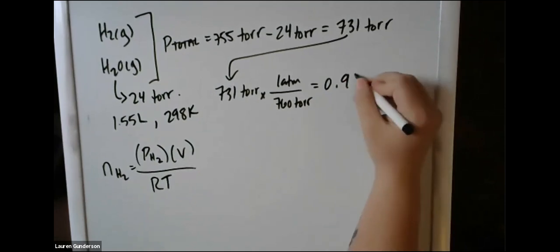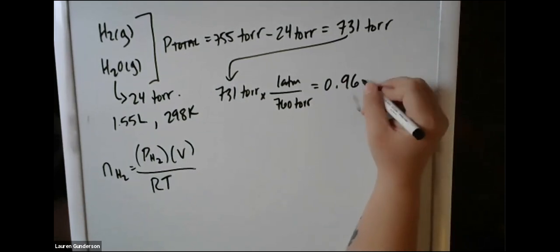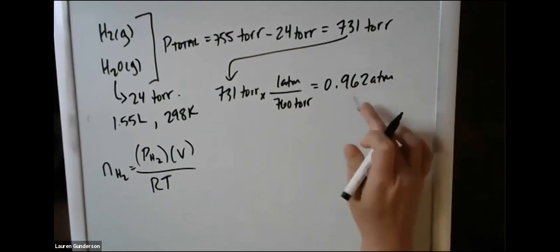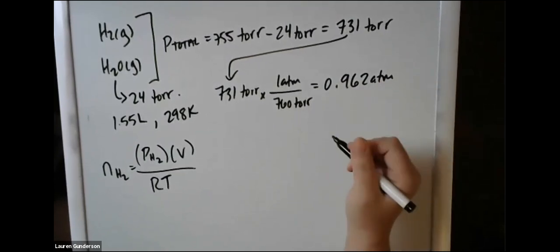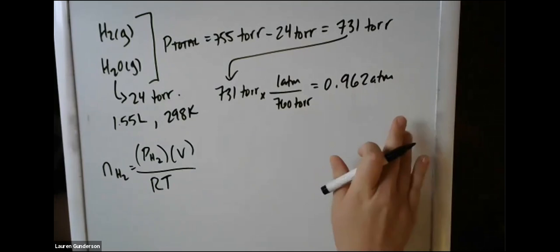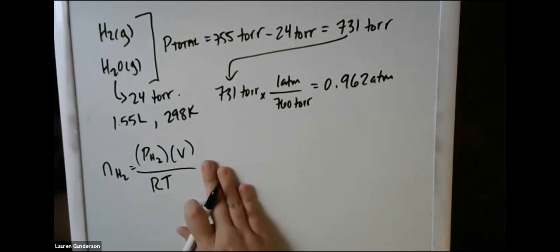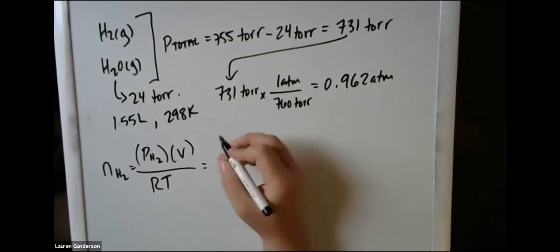And we get a pressure of 0.962 atmosphere for our water vapor. Now that we have that value, we can use our ideal gas law equation.